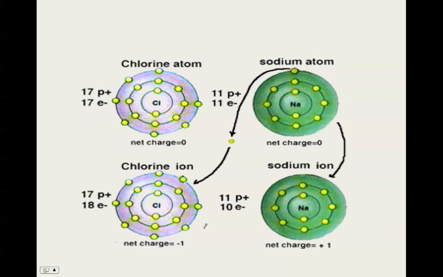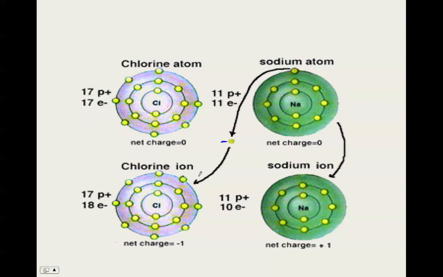It's the imbalance of protons and electrons that gives each atom its charge. The sodium ion becomes positive because it lost an electron. The chlorine ion becomes negative because it gained an electron. You now have a positive charge with the sodium atom and a negative charge with the chlorine atom.